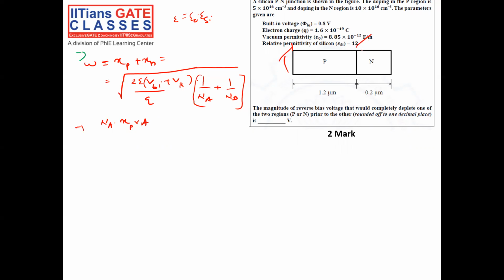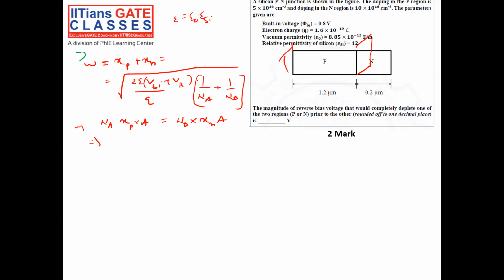That is equal to the charge on the N side, which is the number of dopants into depletion width Xn into area.